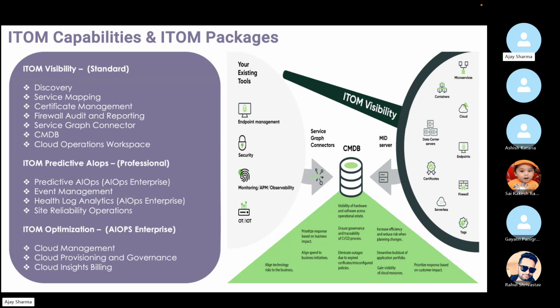We are getting Discovery, Service Mapping, Certificate Management, Firewall Audit and Reporting, Service Graph Connectors, CMDB, and Cloud Operations Workspace. I mentioned CMDB just for reference, but CMDB does not come with ITOM Visibility. So these are the plugins activated by ServiceNow for the ITOM Visibility standard licensing.